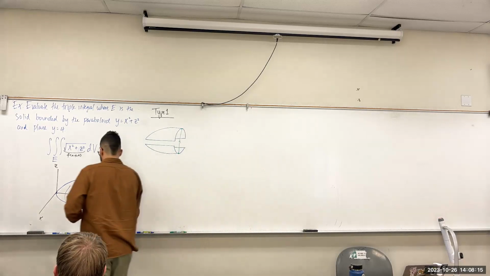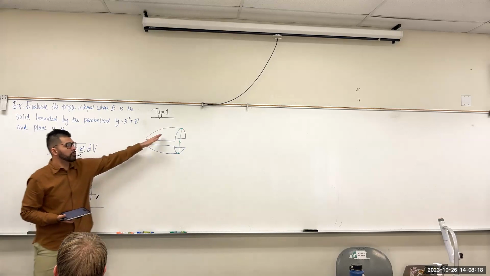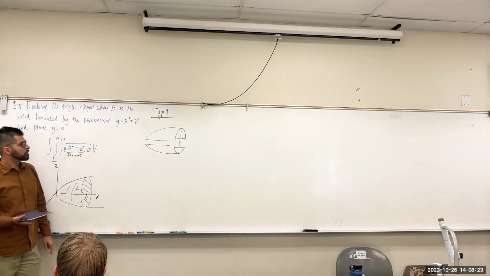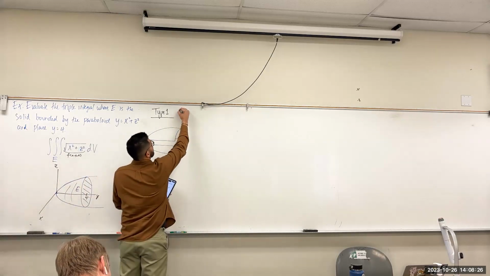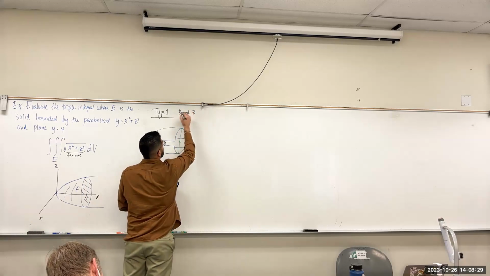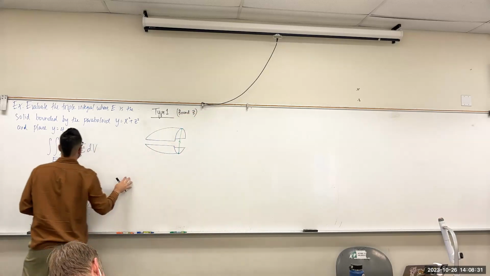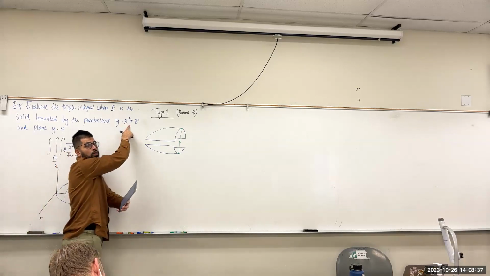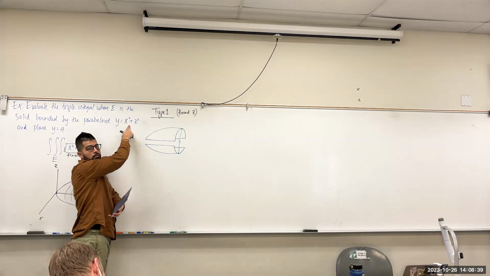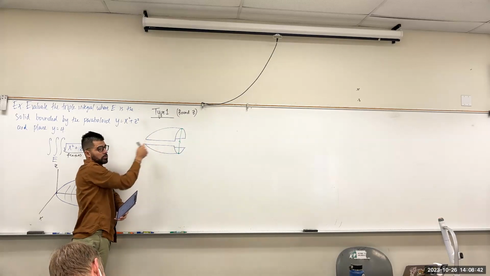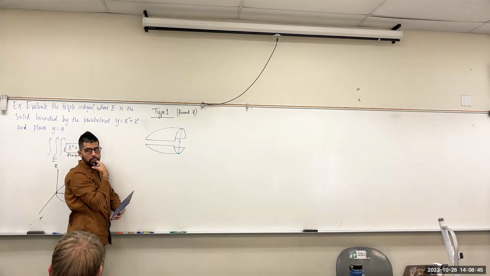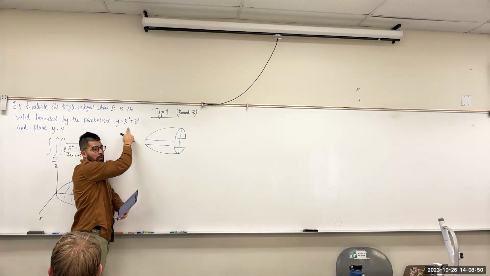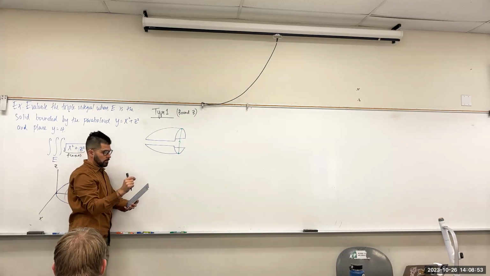Okay. But now the question is, I'm supposed to be bounding z by 2 functions, right? What are those 2 functions? We have to bound z. The paraboloid is given by this equation. So what are we going to do to this equation to help us figure out what these functions are going to be that bound z? What do you think? You're going to have to use the equation of the paraboloid, but isolate the z variable. Okay?